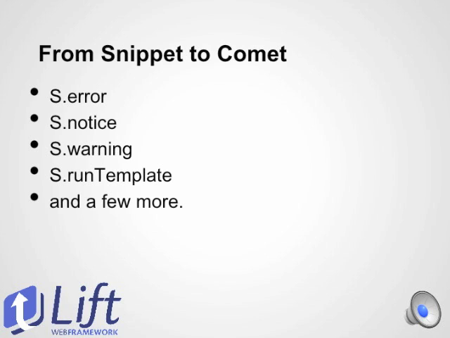And then S.runTemplate takes one parameter or two. Most of the time you send it just one parameter, which is a path to a template, and what it will do is execute, process the template through the Lift pipeline, and then give you the HTML that it would normally display on the UI. This is very useful if you want to send HTML emails to your users.